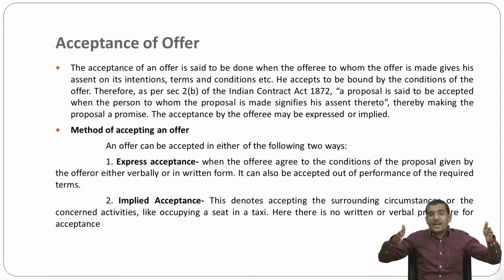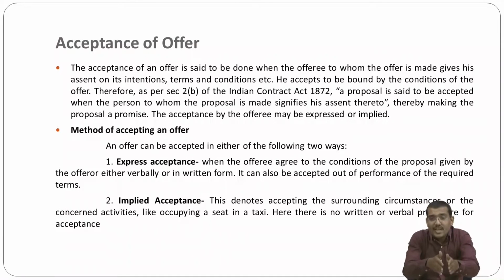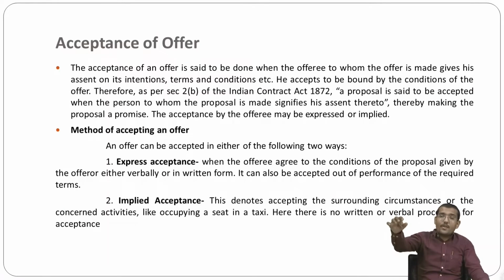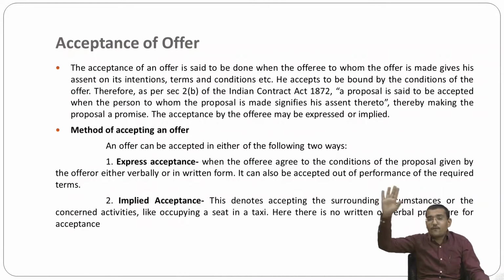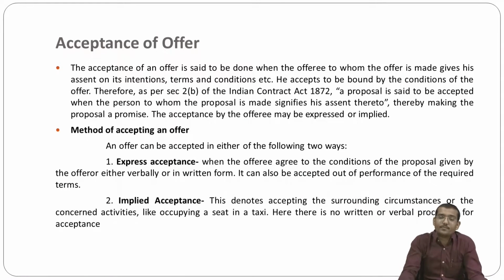And when the agreement goes for enforceability, at that point of time we create the contract. So here we justified that contract is equal to agreement plus enforceability by law. Yes or no, my dear friends?